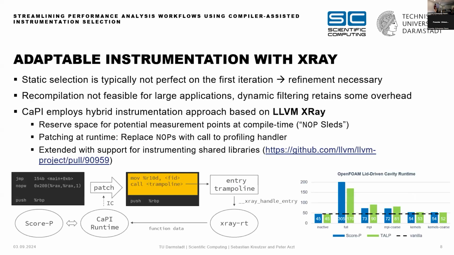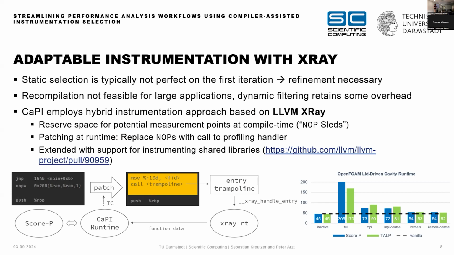Now on to the second part, why we need this special runtime. What we saw very early is that static selection alone is typically not perfect on the first iteration. So there's always some need for refinement.